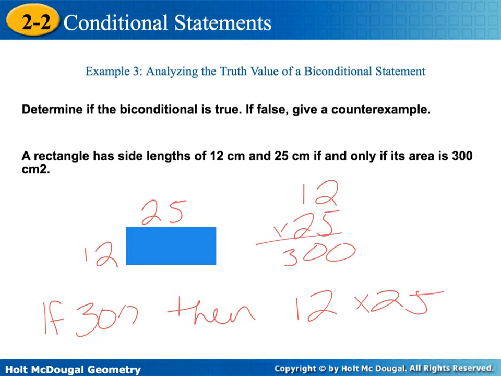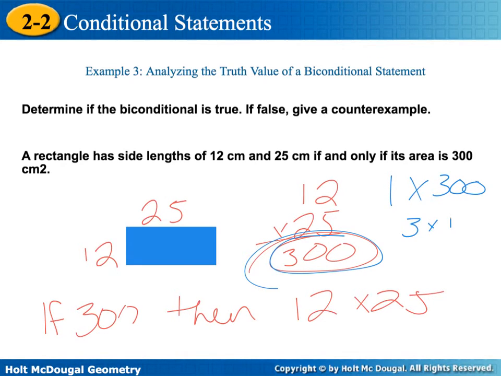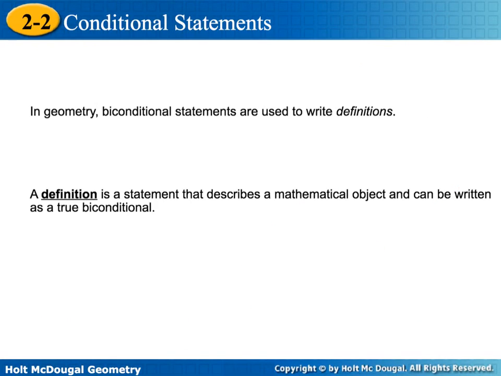And the answer is yes, because you just have to think, what other two numbers could get you 300? You could say the side dimensions could be 1 by 300, or 3 by 100, or 5 by 60. Any one of those would be a counterexample. These could be potential lengths for a rectangle without being the 12 and 25. All right.